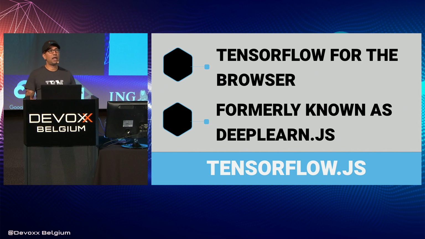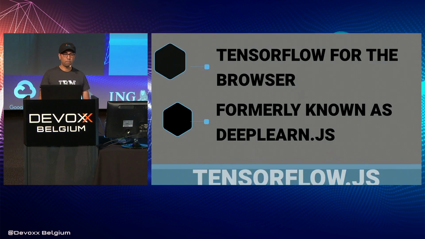Now, it is not as featureful as the standard TensorFlow Python library. It has a subset of the features, but you can do basic training, and obviously you can also consume pre-trained TensorFlow models that have been trained in TensorFlow Python directly inside of JavaScript. Okay?